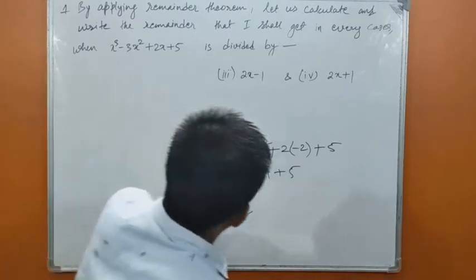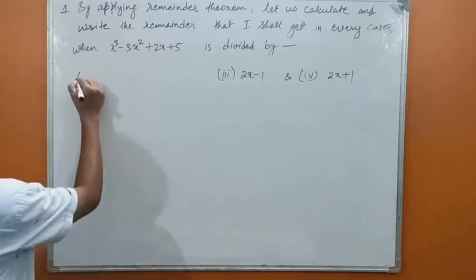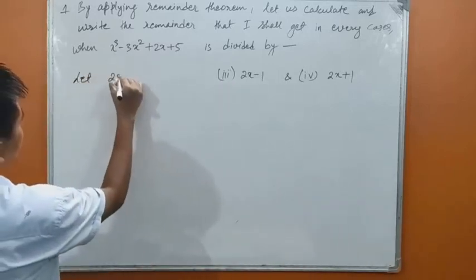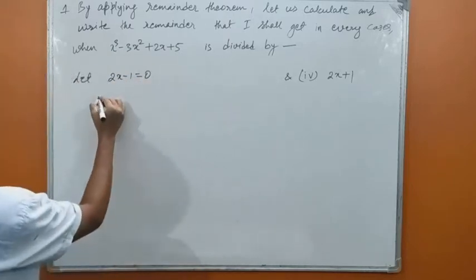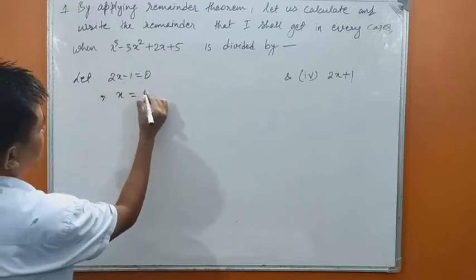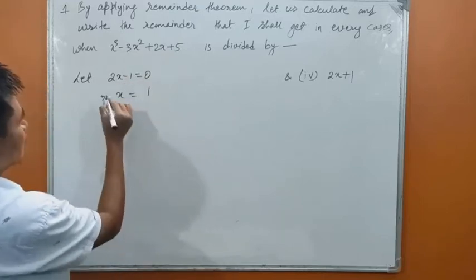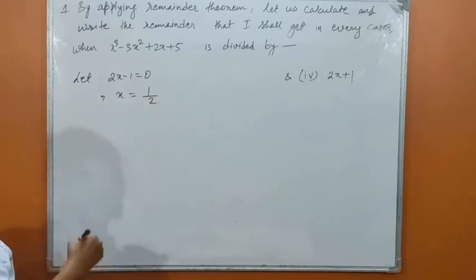Okay, question number 3. Let 2x minus 1 equal 0. So x equals minus 1, we take to the right hand side, becomes plus 1. 2 comes to the denominator, cross multiplication.